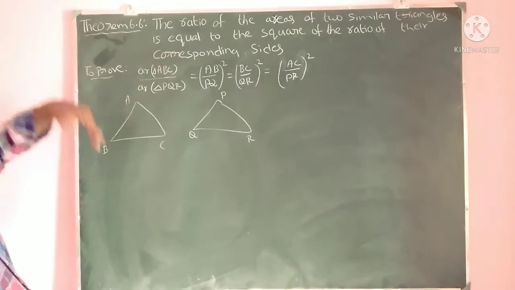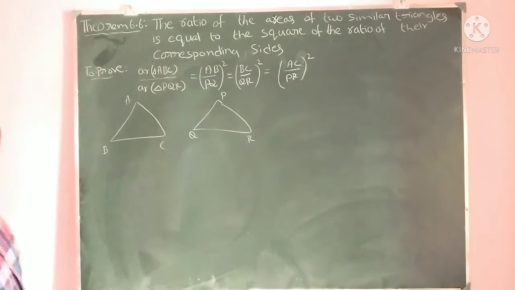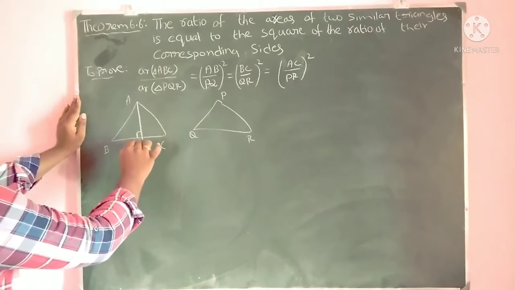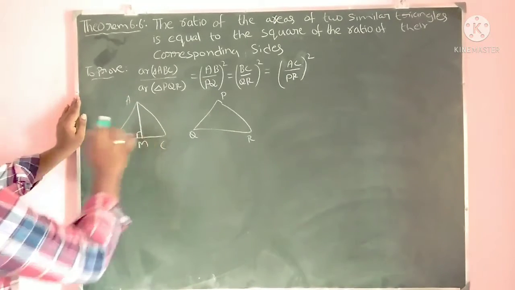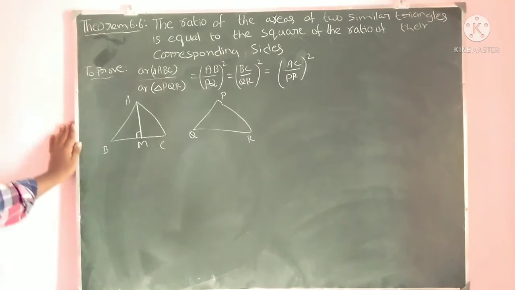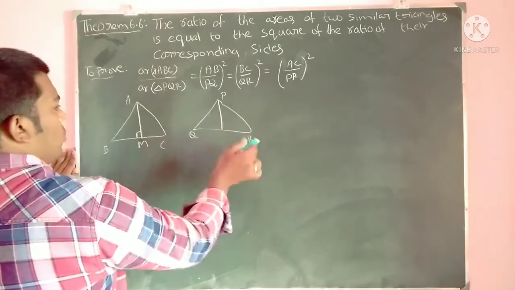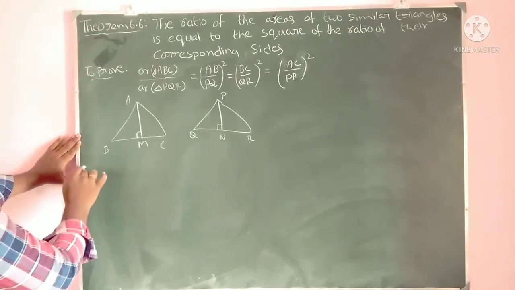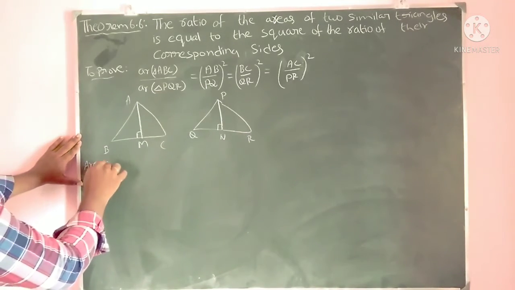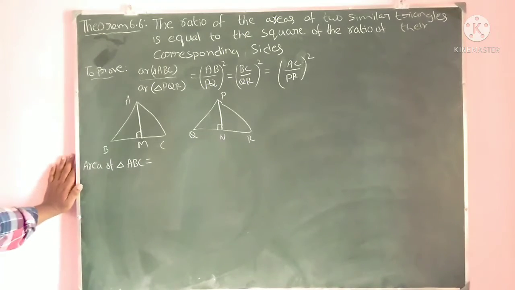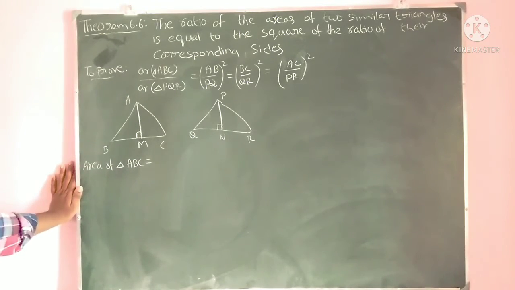So now I am considering the triangles ABC and PQR. Here I will draw one perpendicular from A to BC, let it be M. Now I will draw one more perpendicular from P to QR, let it be N. So now, area of triangle ABC. What is the general area of a triangle formula? Half base into height.